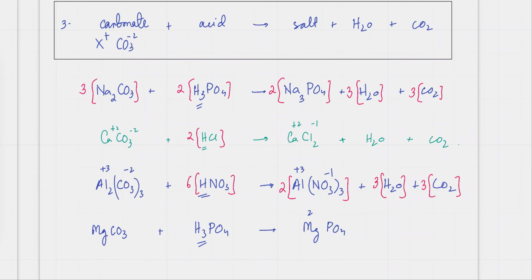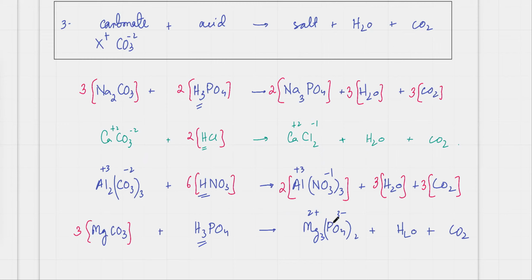Mg is group 2 and PO4 is 3 minus, so it's going to be Mg3, PO4 twice plus water plus carbon dioxide. And balancing it, 3 Mgs, so multiply this by 3.